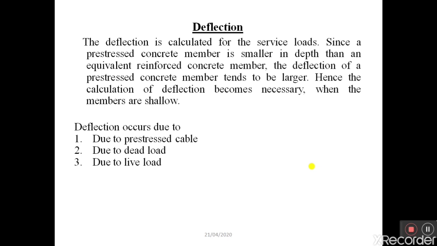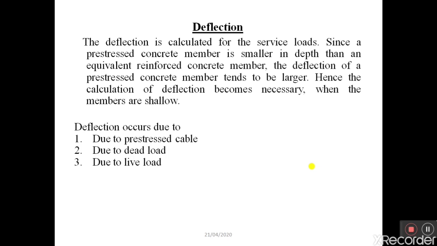We know that prestressed concrete members have very shallow depths compared to reinforced concrete members. As the depth of the members is very small, we need to know the deflection of a beam or a member. Hence it is very necessary to calculate the deflection that will occur under the loading condition of a beam.